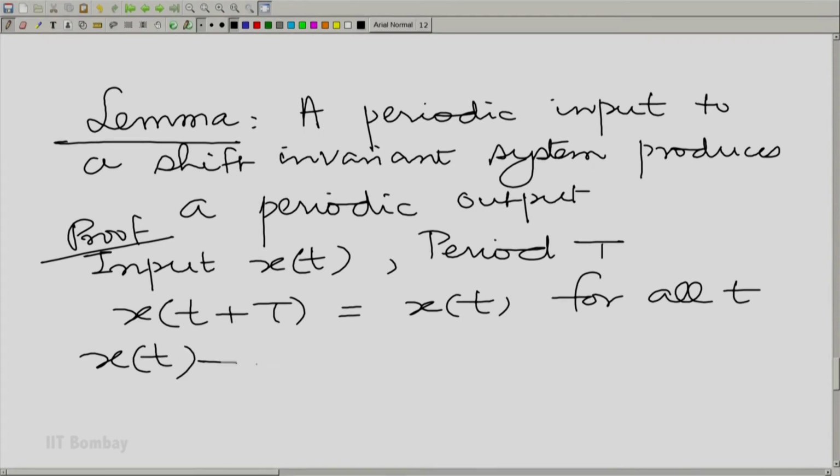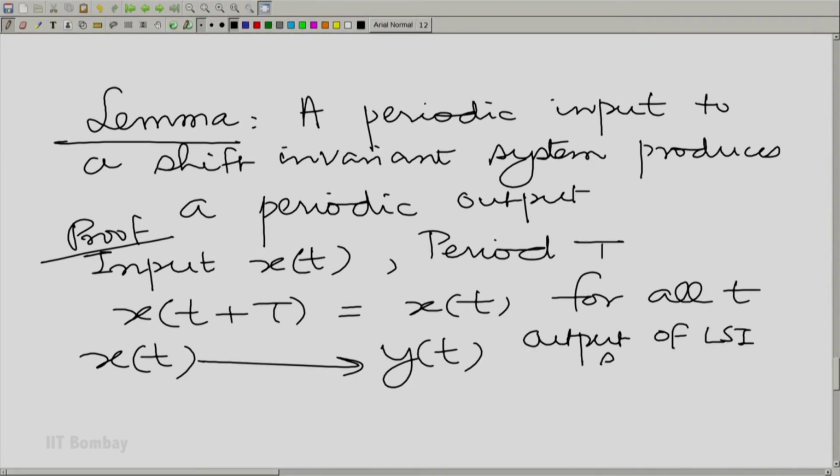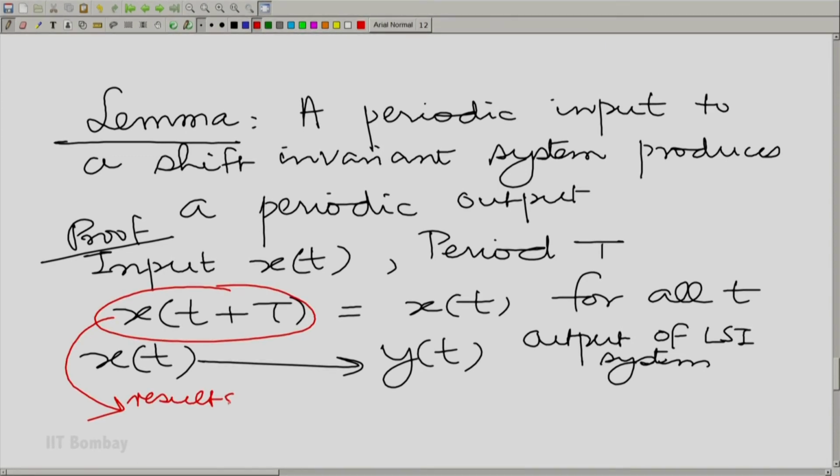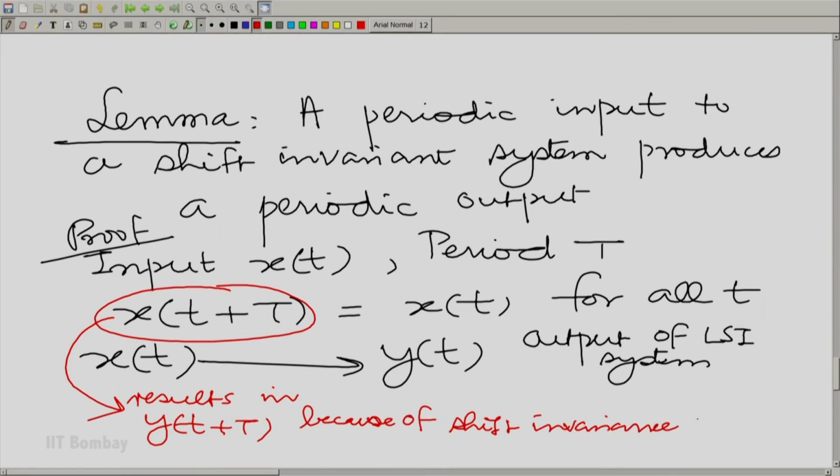Now, let x of t result in y of t as the output of the linear shift invariant system. Now, from shift invariance, what do we infer? x of t plus capital T should result in y of t plus capital T because of shift invariance, and of course x of t results in y of t, and therefore these two must be equal.